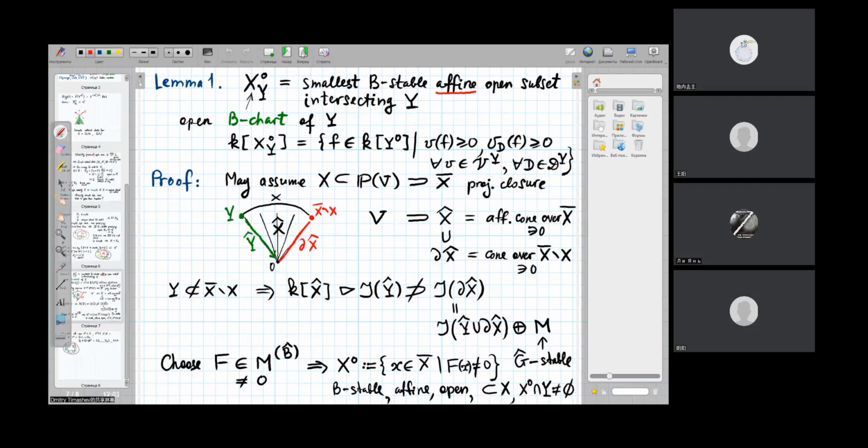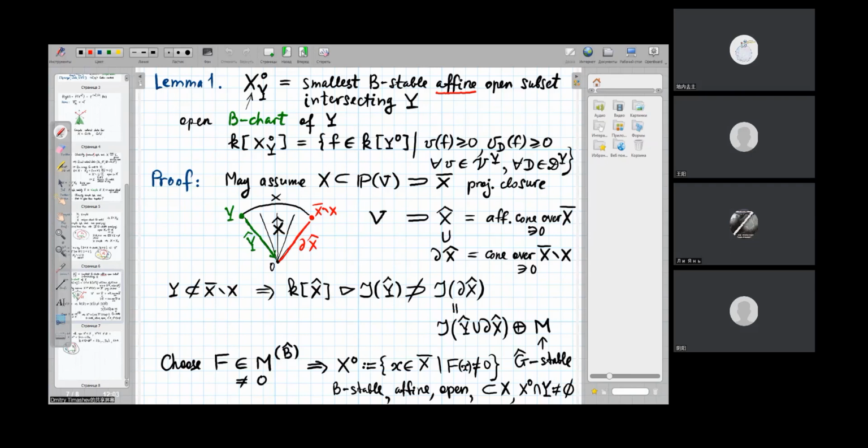But if your hypersurface is given by a single equation, if you understand by hypersurface not just a codimension one subvariety, but a subvariety given by a single equation, then the complement will be affine. I know.